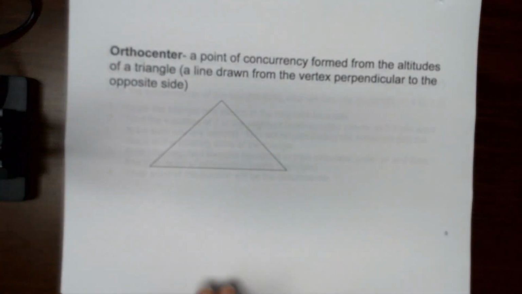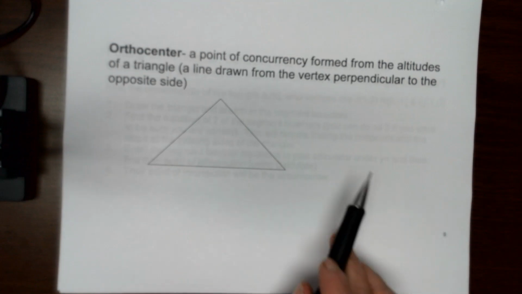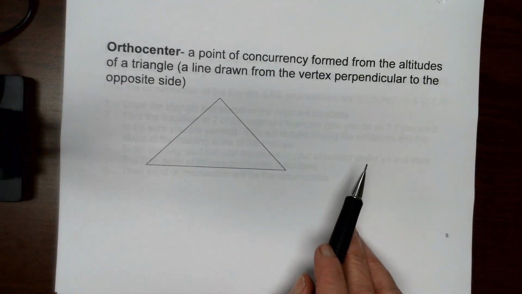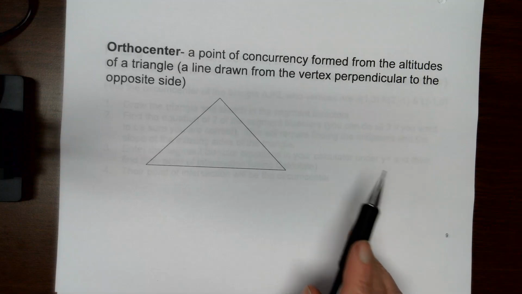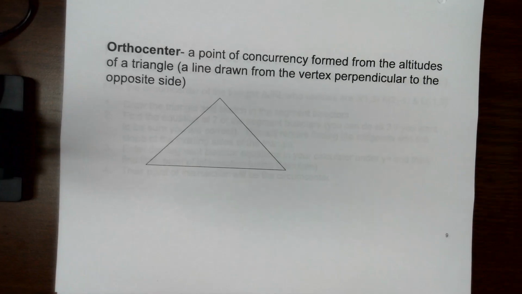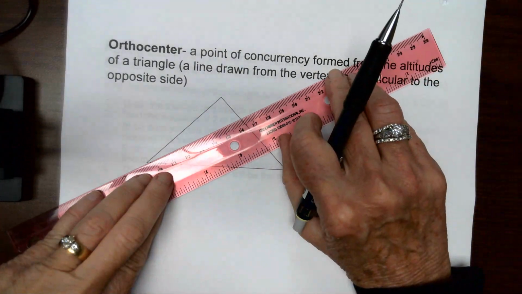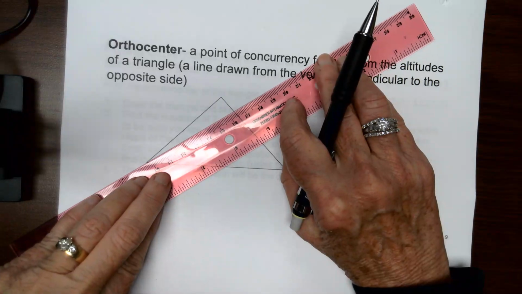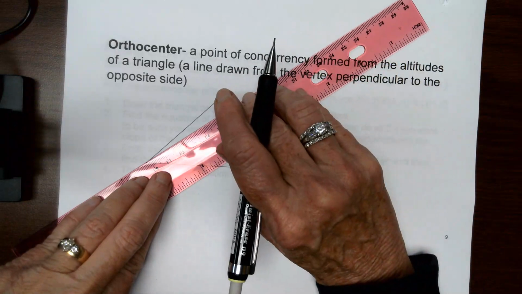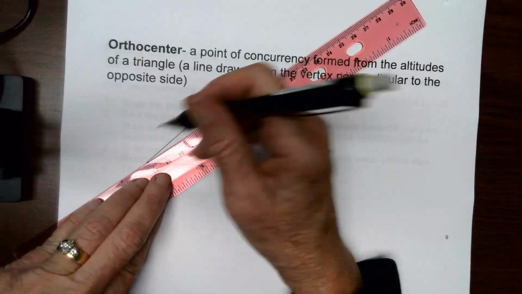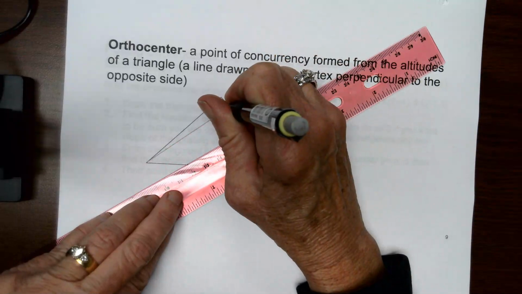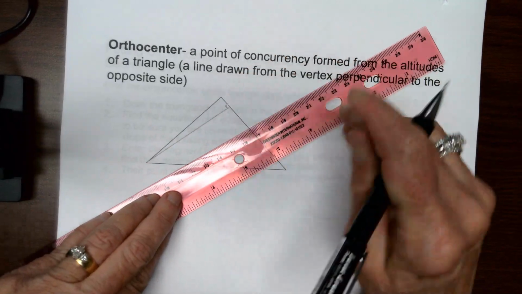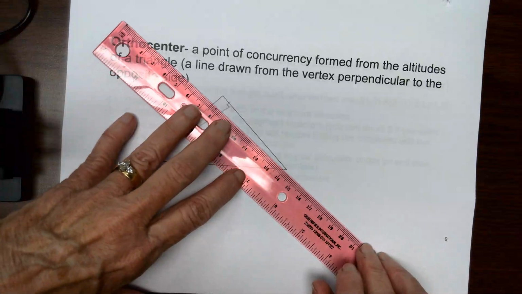All right, the orthocenter is a point of concurrency that's formed by the altitudes of a triangle. The altitudes are drawn from the vertex perpendicular to the opposite side. So I start at the vertex and I draw a perpendicular line. Okay, so therefore it hits it at that 90-degree mark.